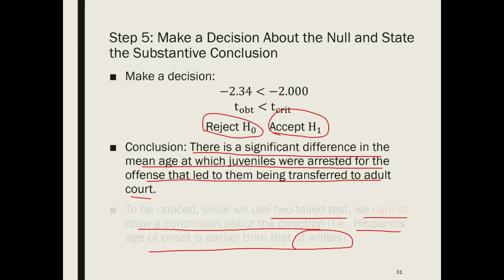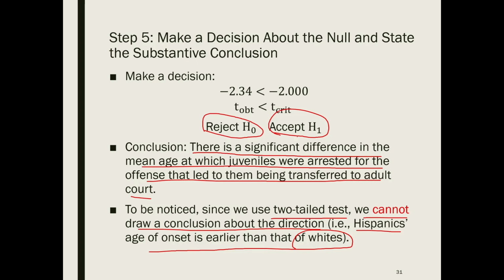Why is that? Because your conclusion is really a two-tailed conclusion, and a two-tailed conclusion cannot safely say someone is bigger, someone is smaller. You just know there is a significant difference.